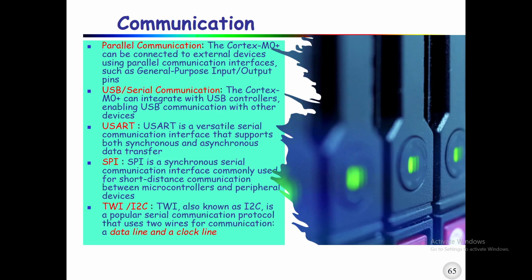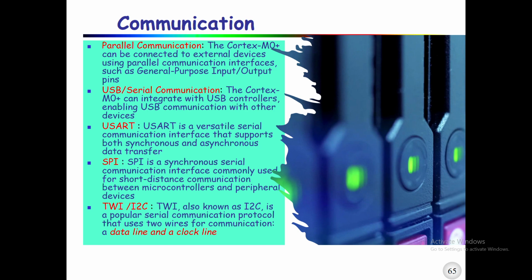USB ports, like universal serial bus communications, can be integrated with USB controllers, enabling communication with other devices. USART is a versatile serial communication that supports both synchronous and asynchronous data transfer.